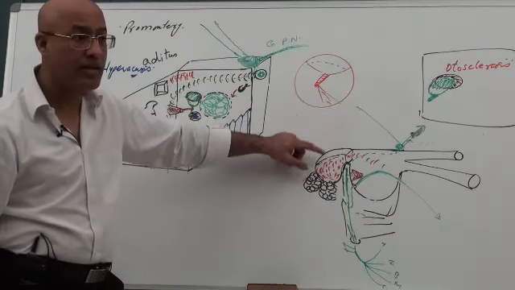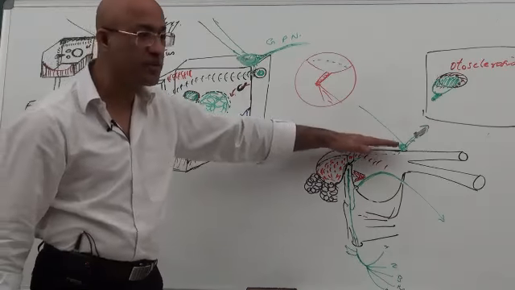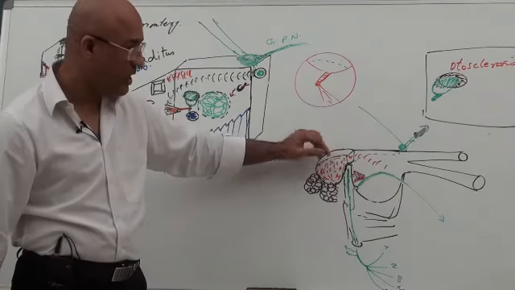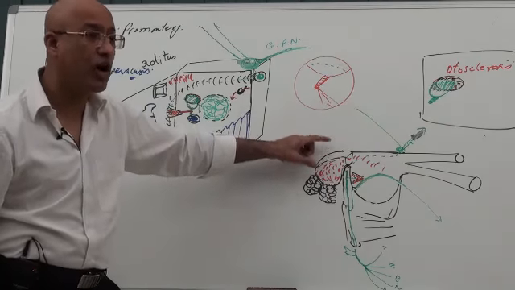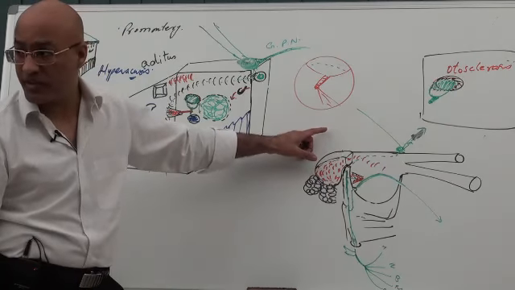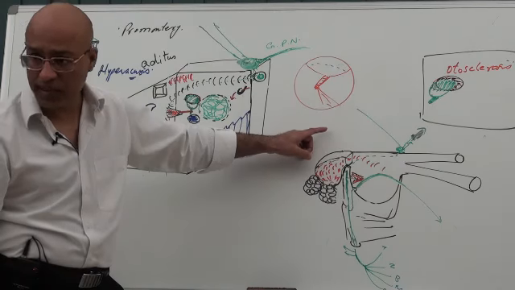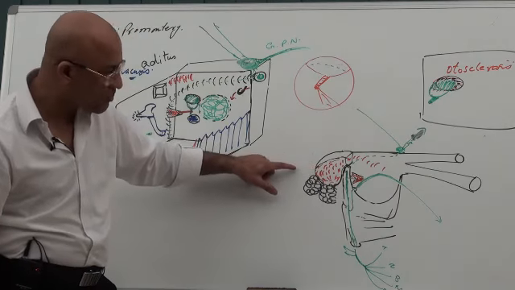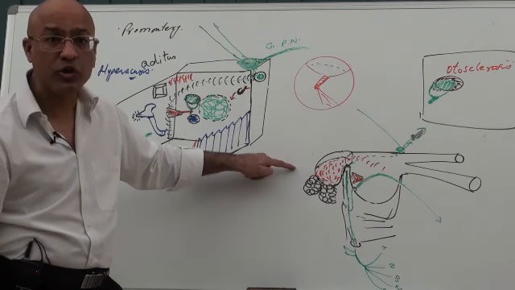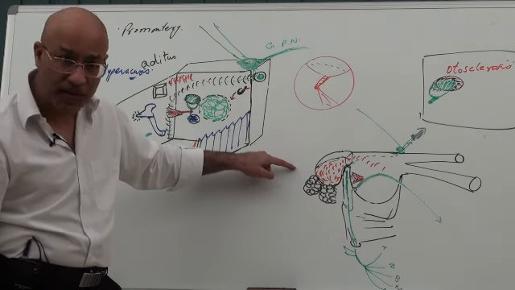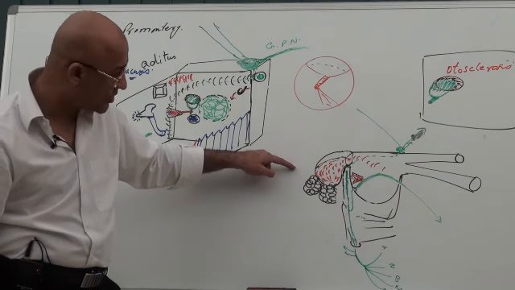And if it goes upward, the tegmen tympani is very thin over here, making the roof. It can produce extradural abscess, or meningitis, or temporal lobe abscess. Or this process going backward can damage the sigmoid sinus and produce thrombophlebitis or thrombosis in the sigmoid sinus.